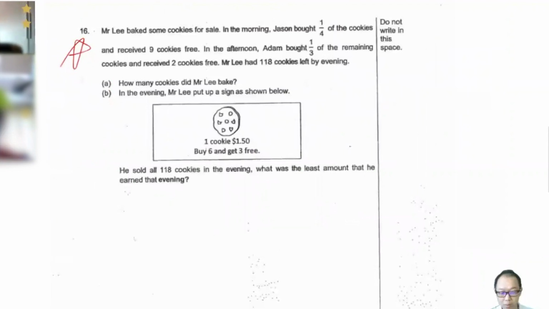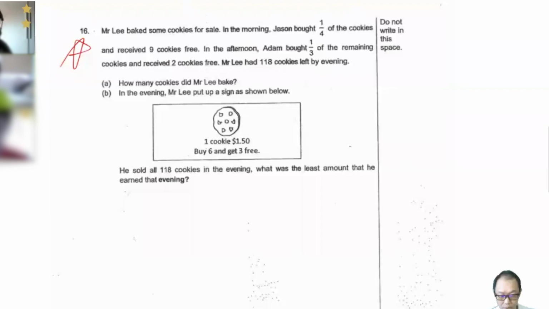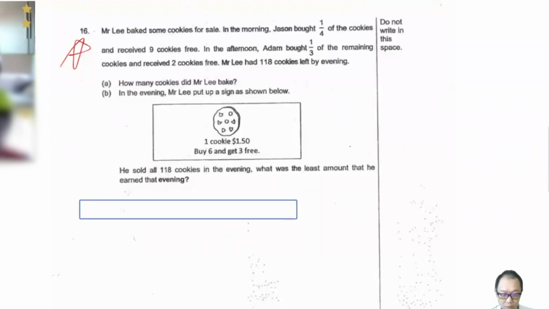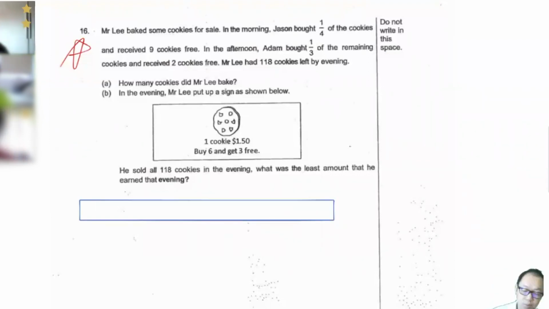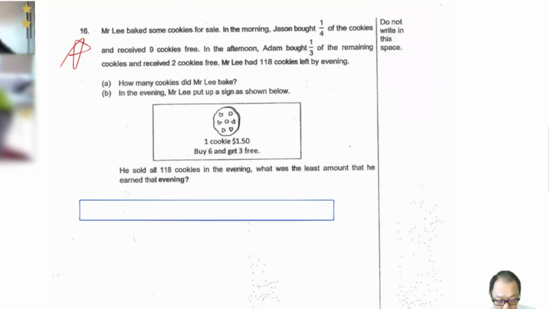So Mr. Lee baked some cookies. Jason bought 1/4 of the cookies and received 9 cookies free. I'm going to draw a box first. Let's use a rectangle tool. Jason bought 1/4. If it's 1/4, I'm going to break it up into 4 groups to be exact. So draw a line here, here, and here.